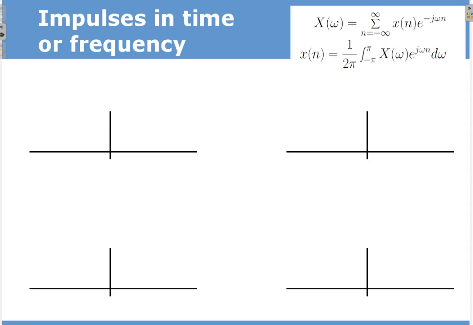The first examples that I want to look at are impulses in time in the first case and frequency in the second case. So I'll do some examples where here I'll have time, so sample number is n, and here I'll have frequency, omega being radian frequency.